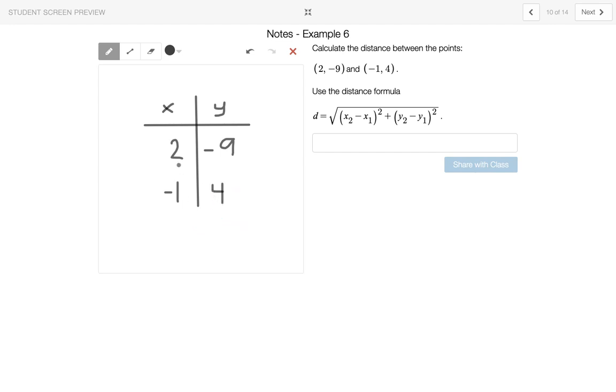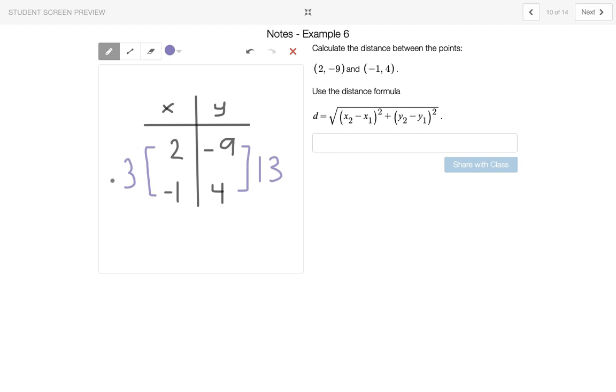Great. So now we just need to find the vertical distance and the horizontal distance between the 2 points. The horizontal distance between the 2 points is going to be the distance from 2 to -1. Well, that's just 3 away, right? And the vertical distance between the 2 points is the distance from 4 to -9. So that's 13 away, right?